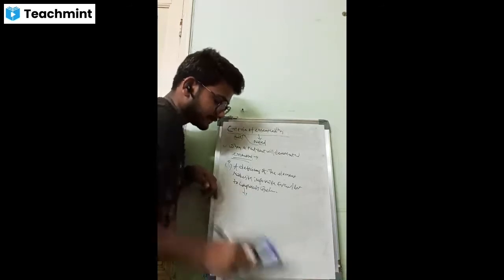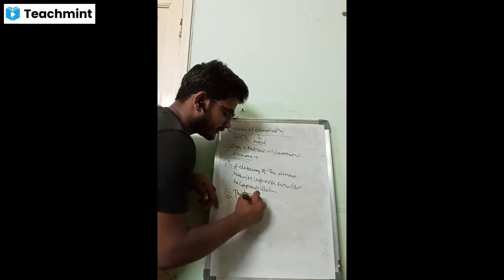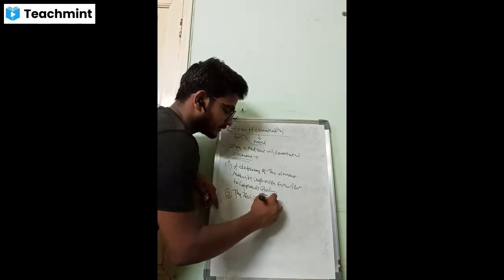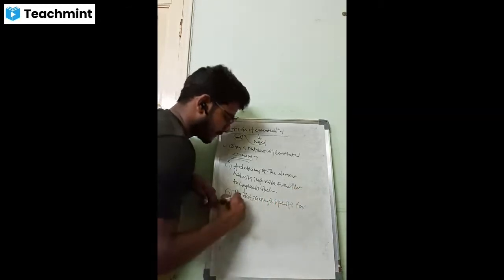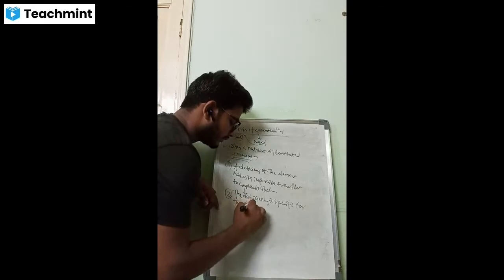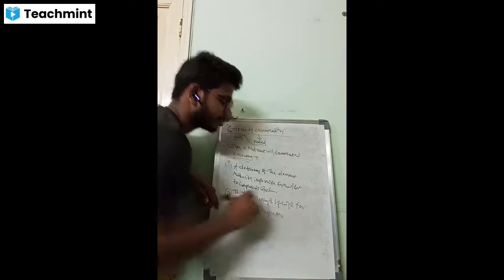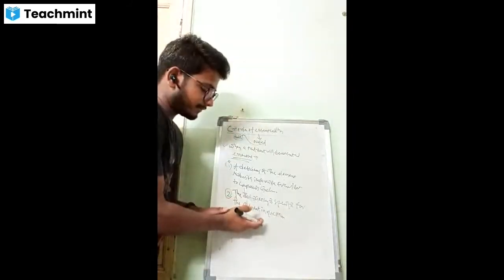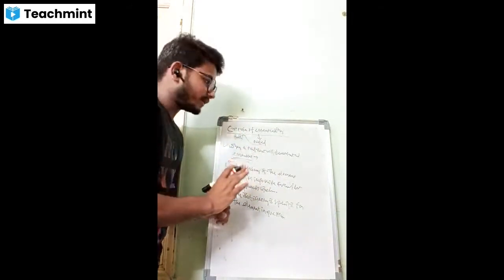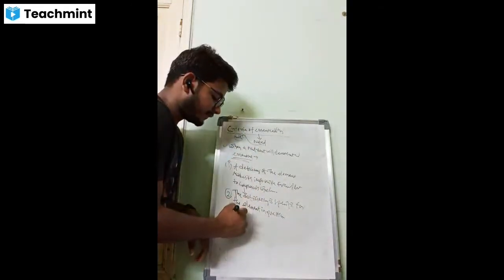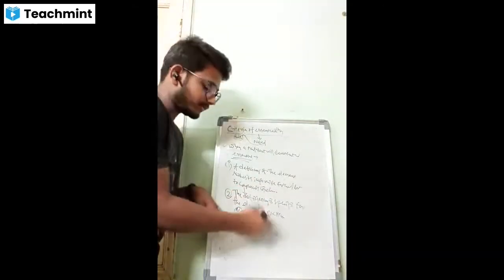The second criteria is the deficiency is specific for the element in question. It is nothing but the deficiency is specific to a specific element only. For example, the deficiency of nitrogen will not recover by P fertilizer.